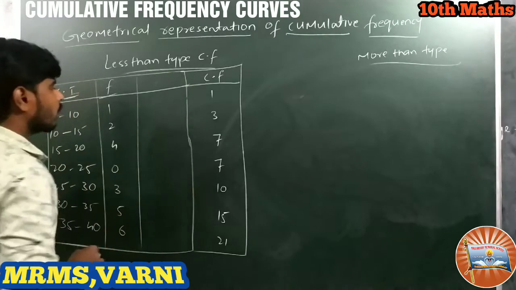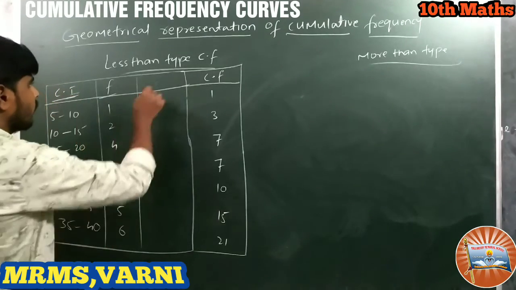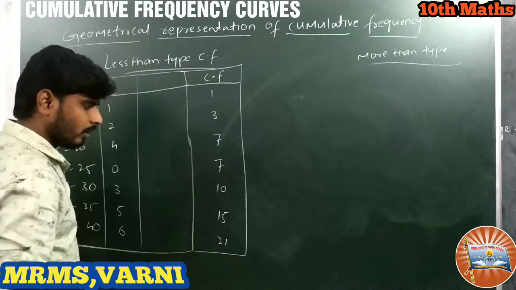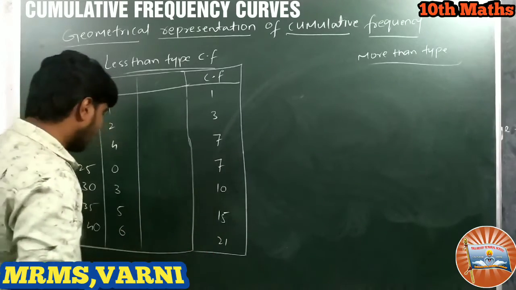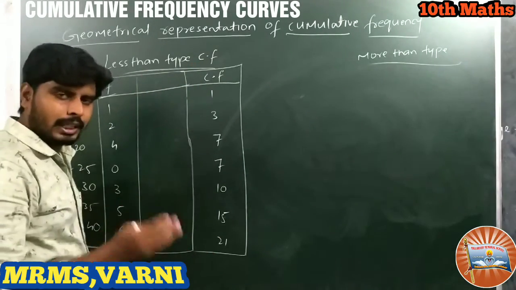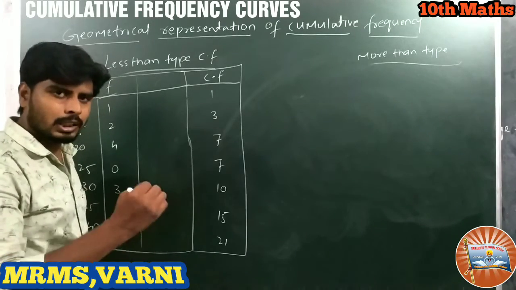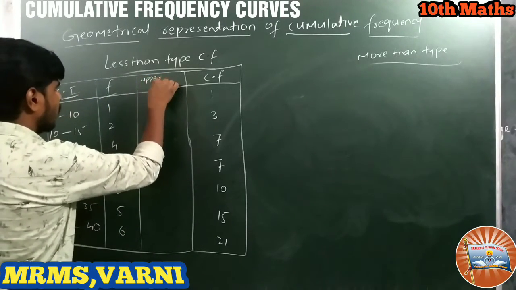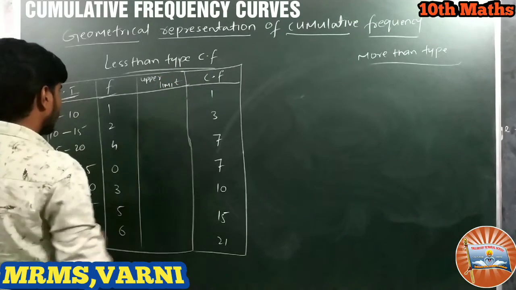To draw the cumulative frequency curve, we have to take the limits. On the x-axis, we have to take the limits of the class interval. For less than type cumulative frequency, we take the upper limits on the graph. What is the upper limit?